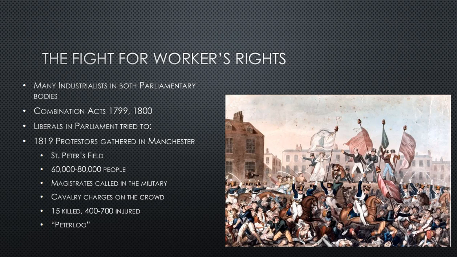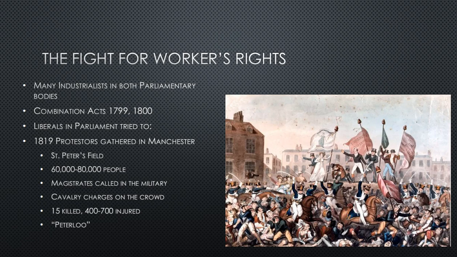The military comes in, and the commander orders the cavalry to charge upon the crowd with their sabers drawn in order to arrest these organizers. I don't know how this possibly seems like a good idea, but in the chaos of it all, 15 people would be killed or would die from their injuries. And another 400 to 700 were injured.